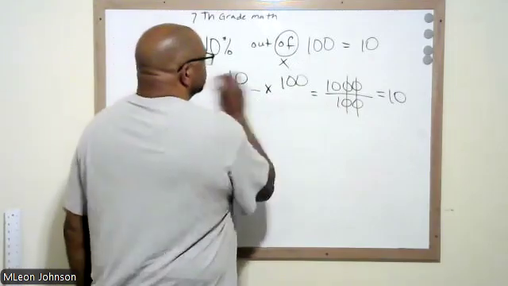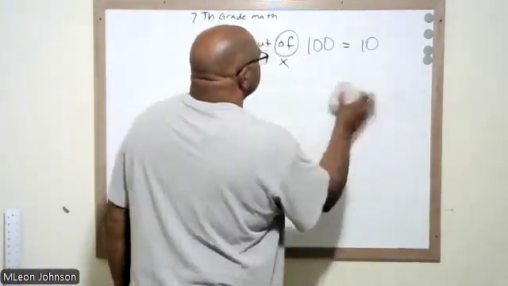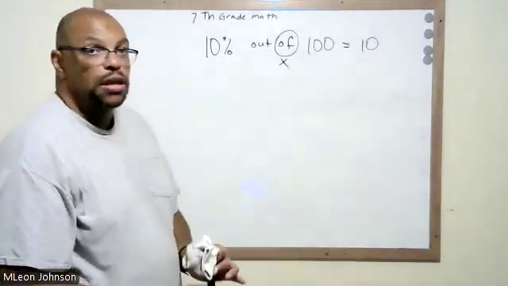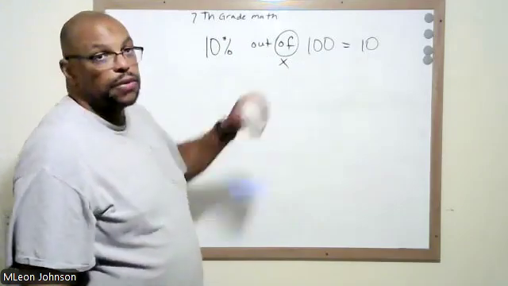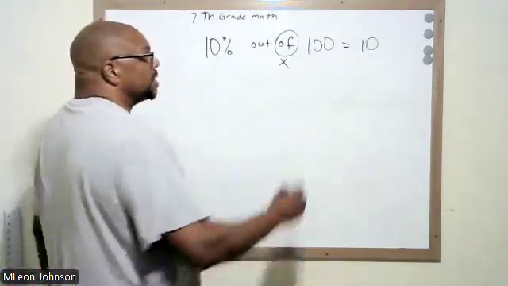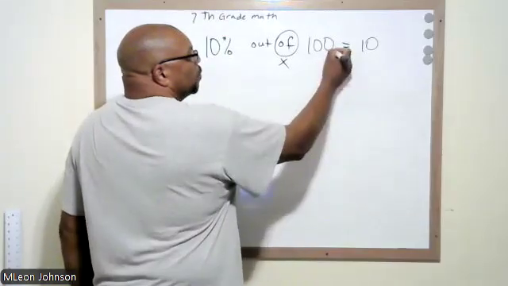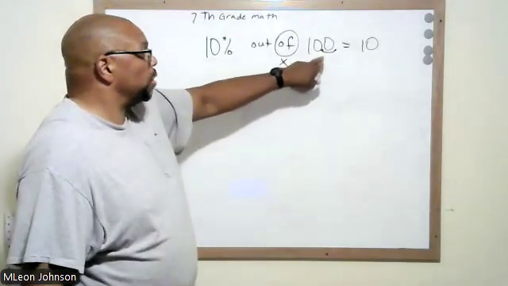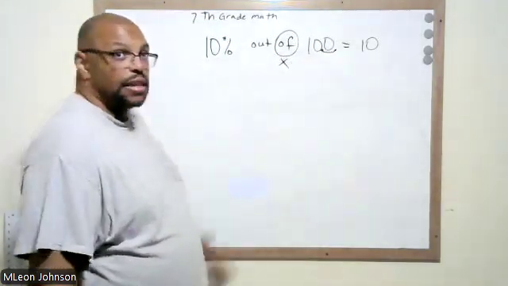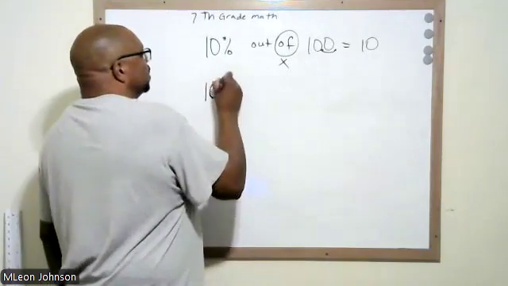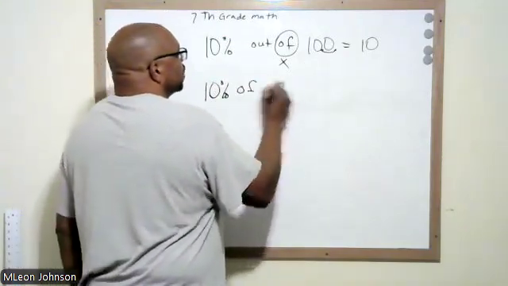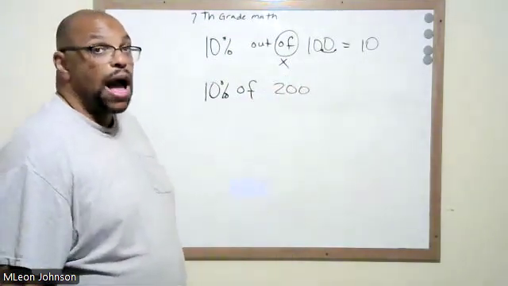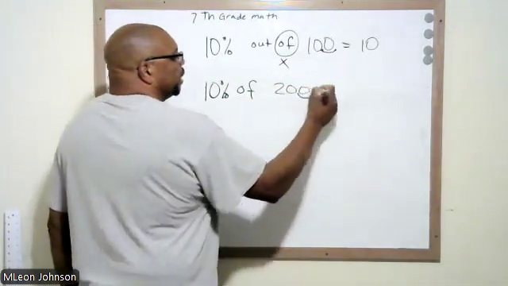Okay? Now, let me show you a trick. Anytime you have 10% of something, all you have to do is take this imaginary decimal point and move it over one time. See that? 1.0 or 10.0. See that? 10. So if I said 10% of 200, we went over before, but now you know why it is 20.